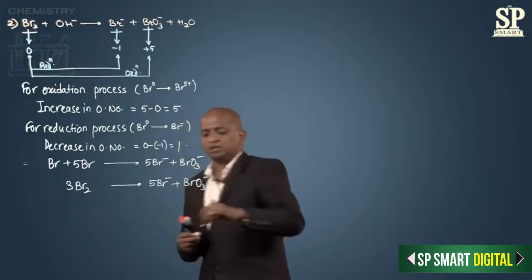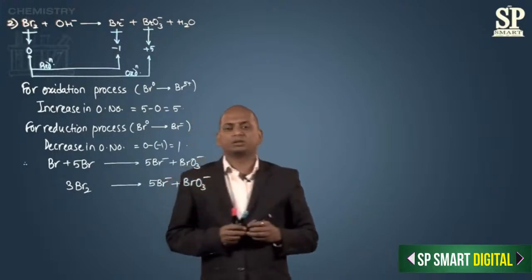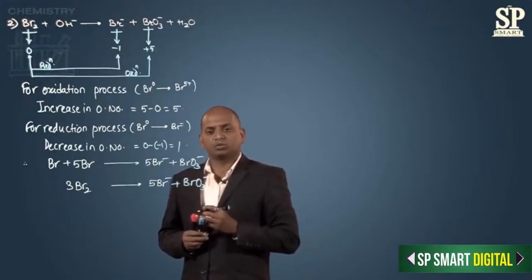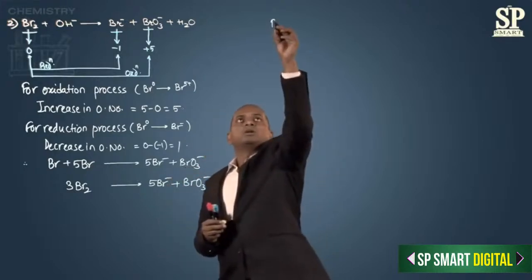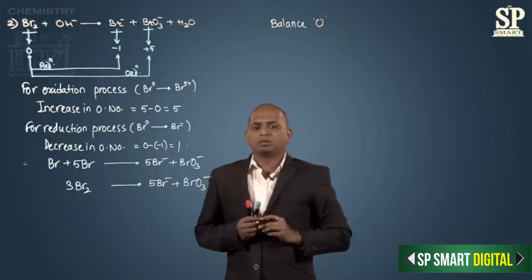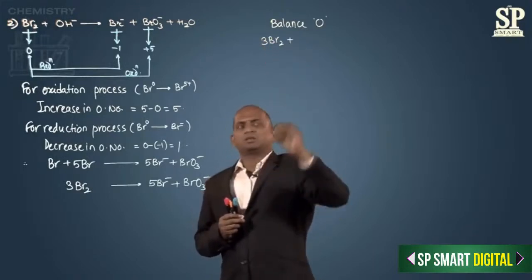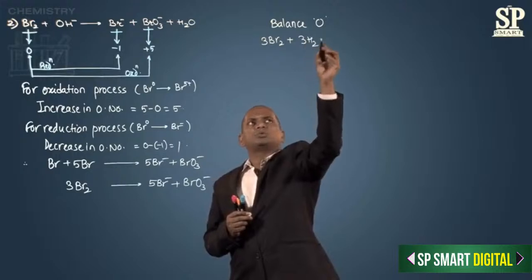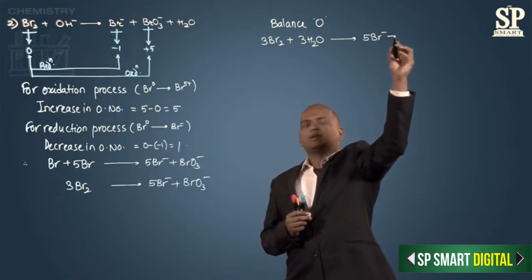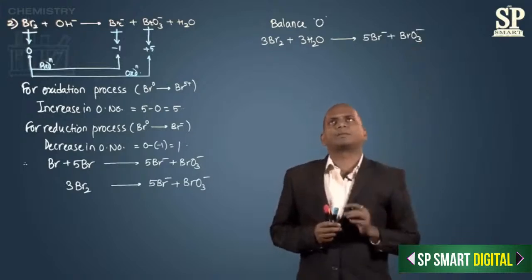Now once we balance this, the next step is to balance the number of oxygen atoms. How can we do that? By adding H2O. So balance O. We have 3Br2 plus 3H2O gives you 5Br minus plus BrO3 minus.